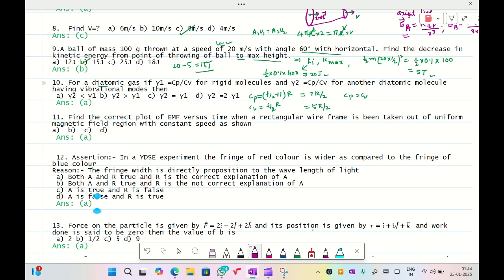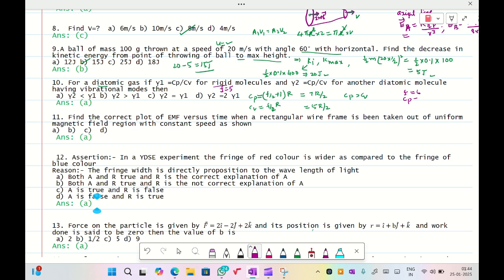Another diatomic molecule has vibrational modes, so you have to add one more. Then the number of freedoms is 6.